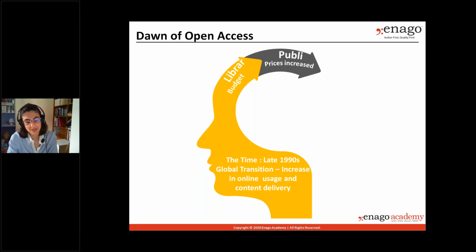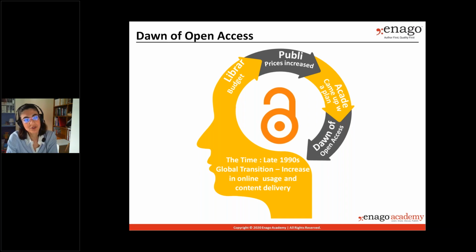So the limitations in the budgets of different libraries, together with increases in the expense, the prices for publishing, led the academia to come up with a different plan, if you want, and this was the option to be able to have open access publications. So it was around the late 1990s when we had the global transition and the increase in online usage and content delivery.